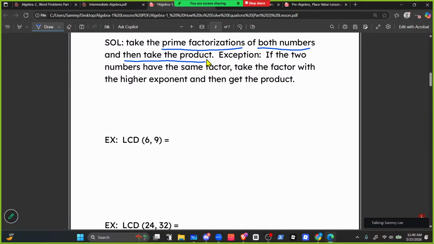Now, usually that'll be the least common denominator, but there's an exception. And that's if you're asked to find the LCD of 2 numbers and the numbers share the same factor. In that case, what you're going to do is take the factor with the higher exponent and then get the product of those numbers. Okay, so I'll show you what I mean.